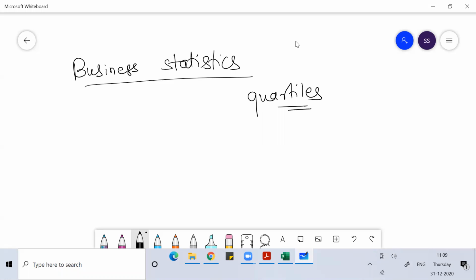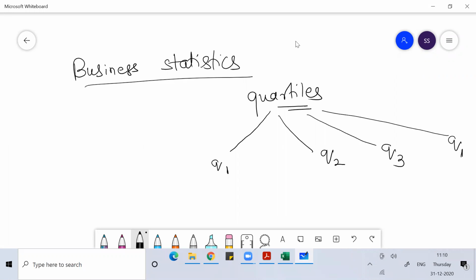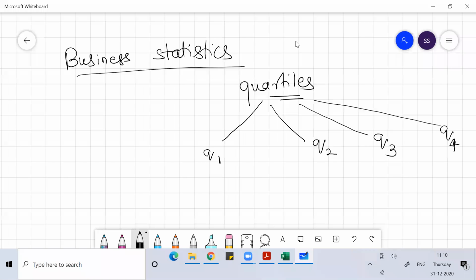Whenever we talk about quartiles, quartile can be Q1, Q2, Q3 and Q4. So Q1 means quartile 1, Q2 means quartile 2, Q3 quartile 3, and Q4 is quartile 4.